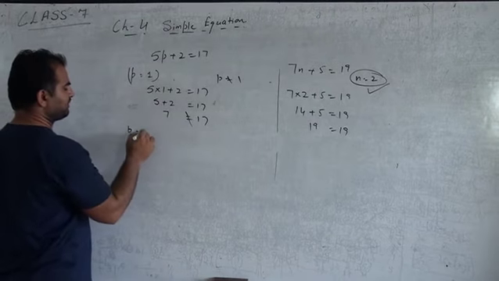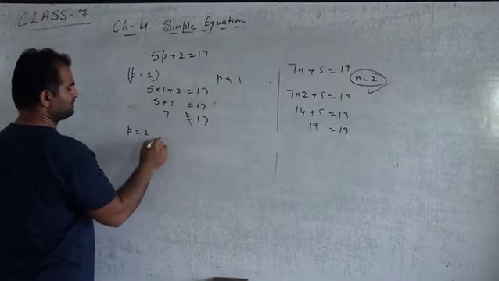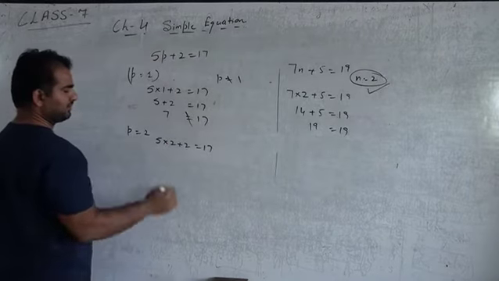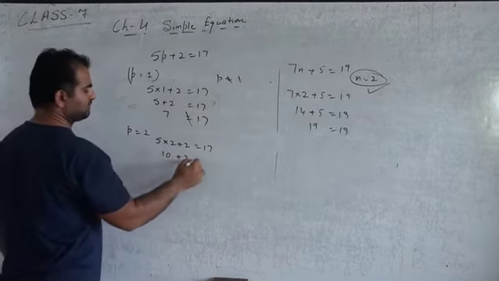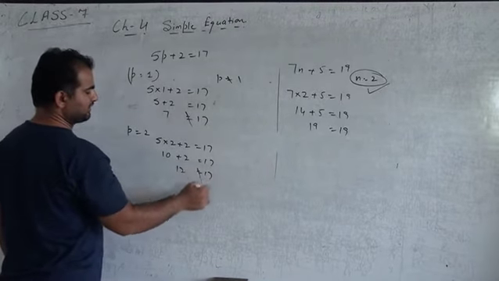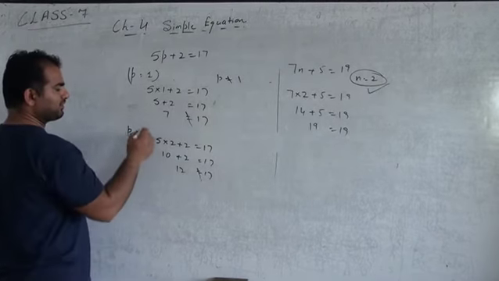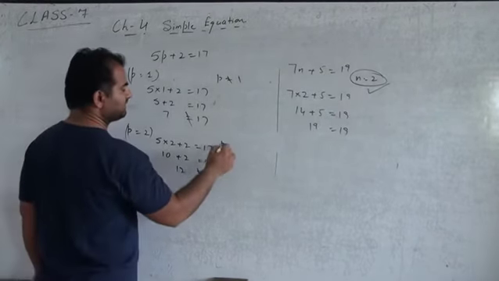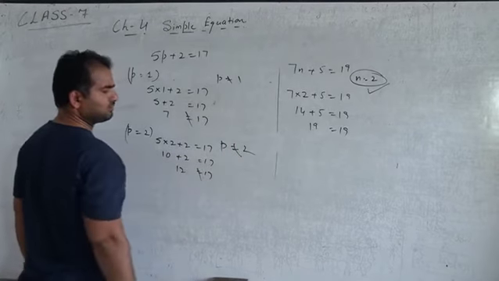Next, taking p is equal to 2. So it will be 5 into 2 plus 2 equals 17. It will be 10 plus 2 equals 17. It will be 12 equals to 17. It is not satisfying the equation. So p is not equals to 2.